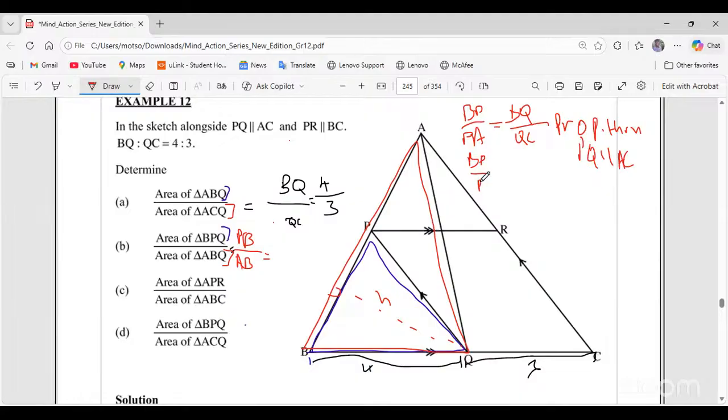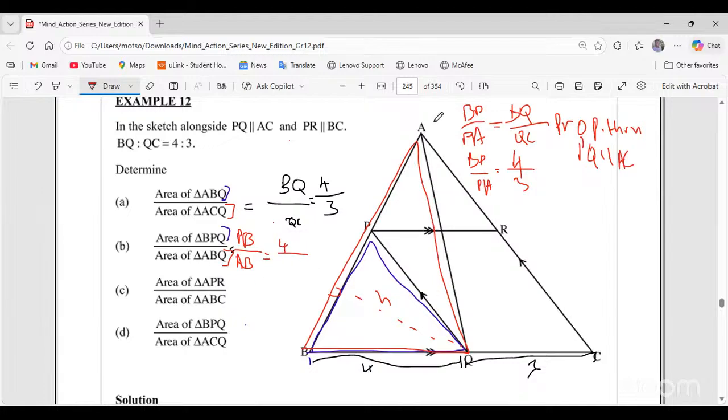BP over PA is equal to, what was BQ? It was 4. What was QC? It was 3. Now we can substitute our values here. What is PB? It is 4. Then what is AB?